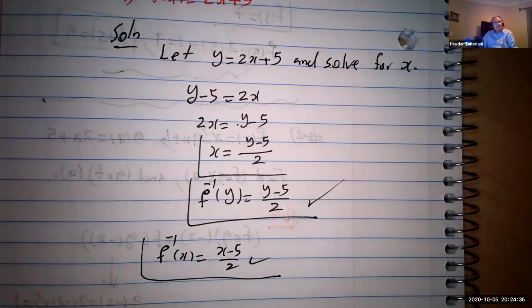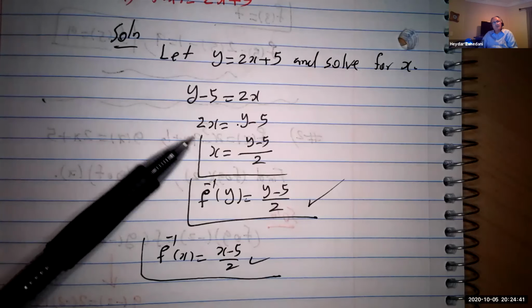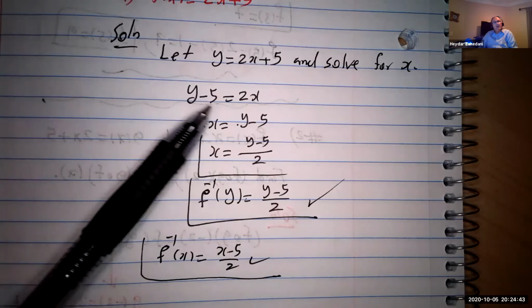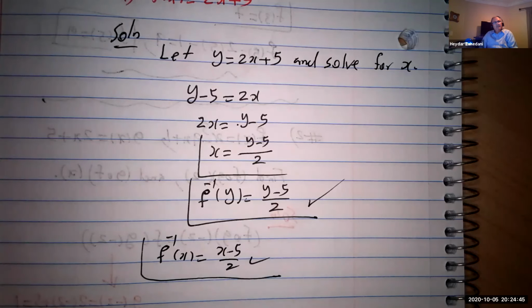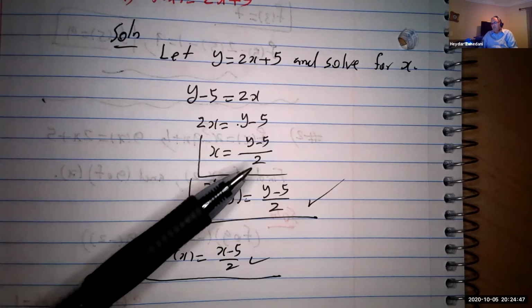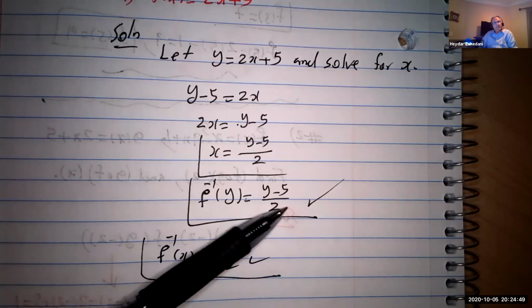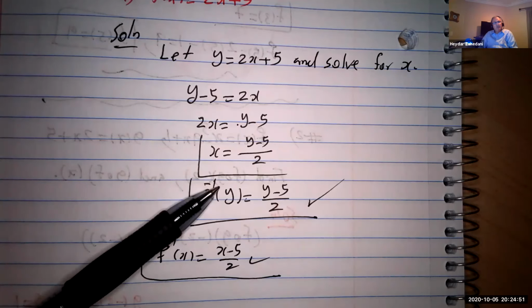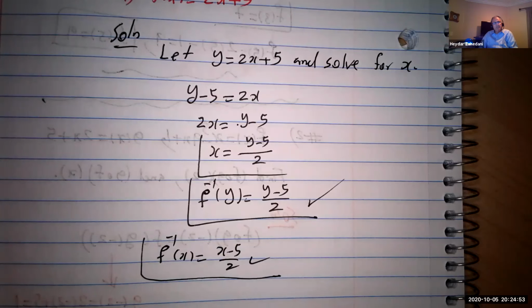They write x equal to 2y plus 5 and solve for y. But this is a natural one. You have to find the x, and this is your inverse function. If you like to call it x, it doesn't matter. Call it t, call it z. This is just a function. Any question?